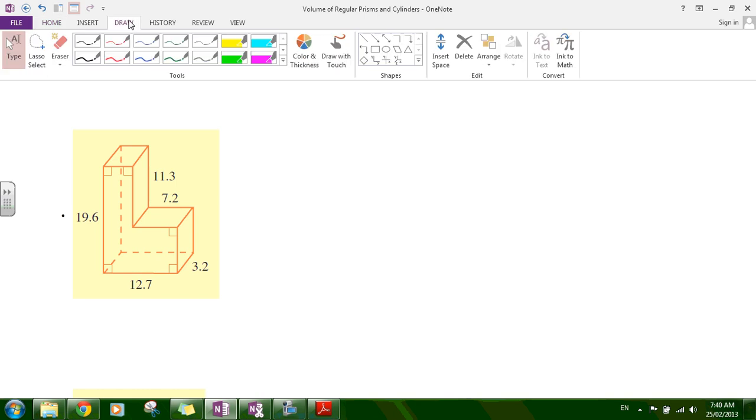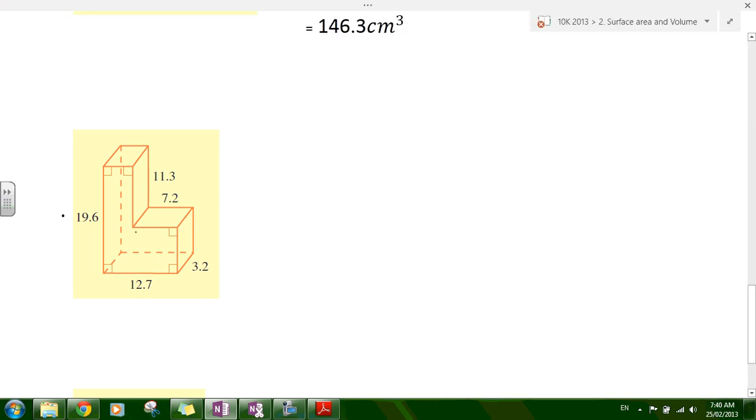If I can draw a line in to break up the area, imagine this front, I'm going to draw a line in here. So what's going to happen is I've got this square, or very close to a square, and I've got this long, thin rectangle. So I need to work out both of these areas, add them together, and then multiply by 3.2, which is its depth.